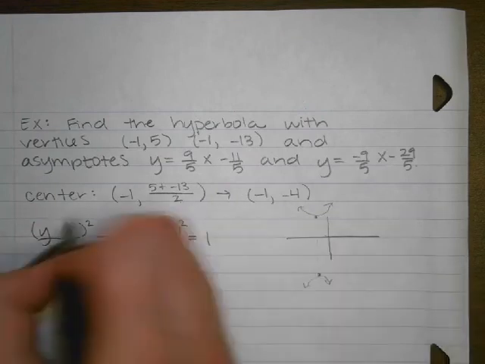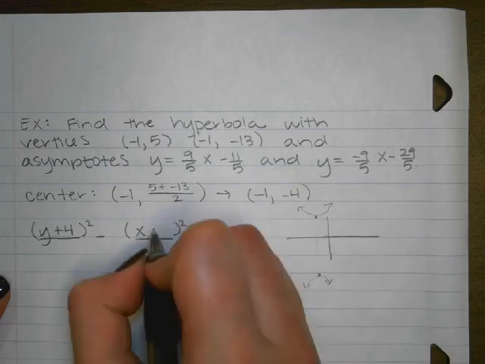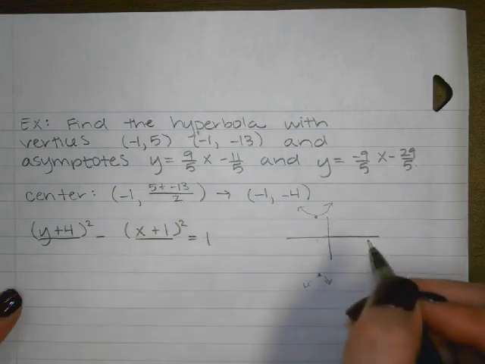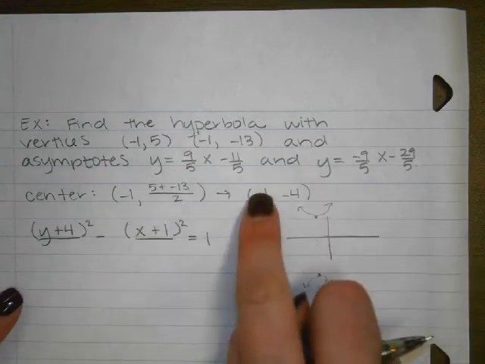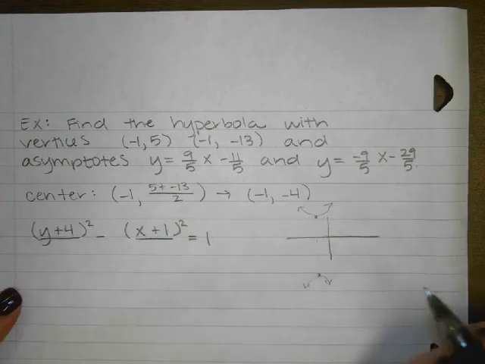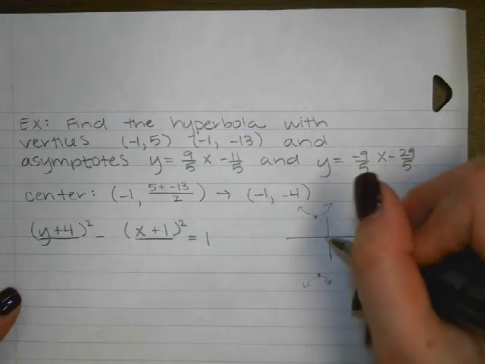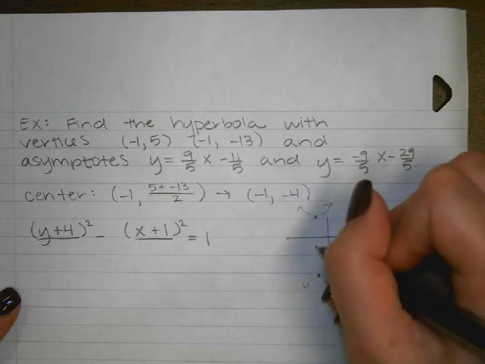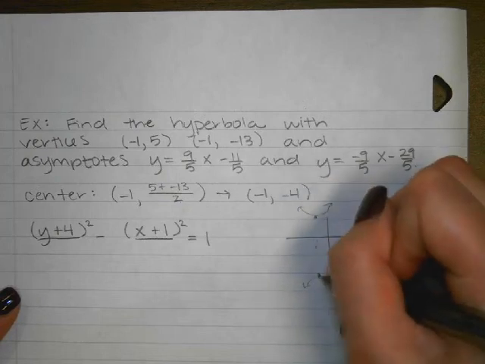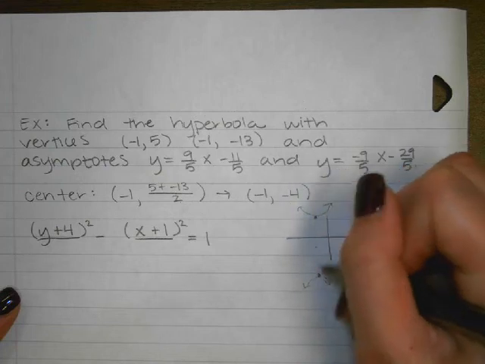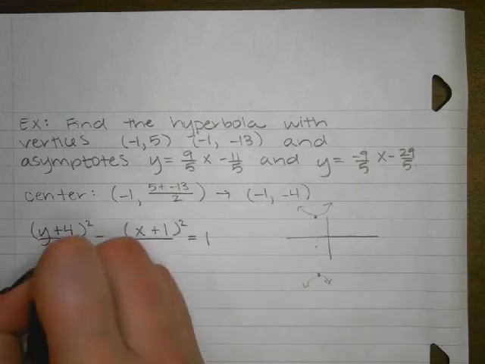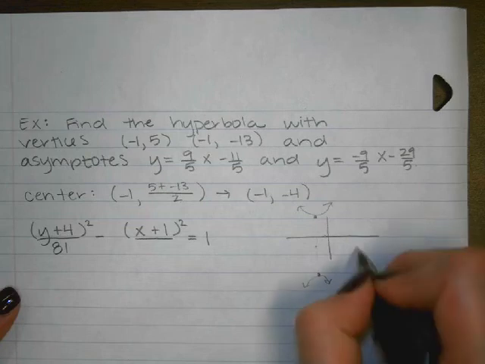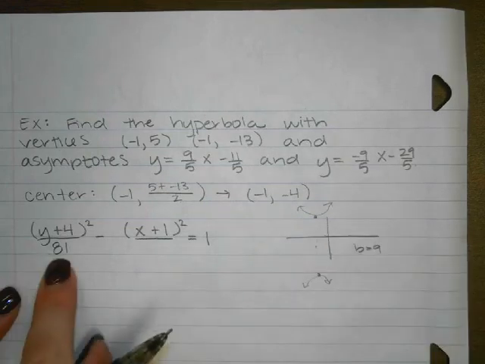So I can say y plus 4, x plus 1, making sure that I'm keeping the x-coordinate with the x and the y-coordinate with the y. From the center, from -4 up to +5, or from -4 down to -13, that's a distance of 9 each direction. And so that means that I have b equals 9 and b squared equals 81.